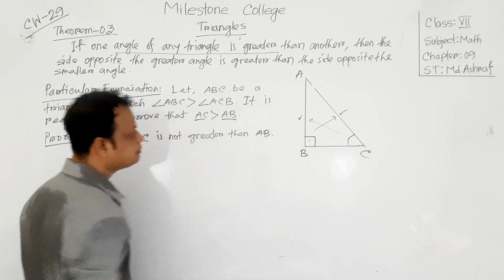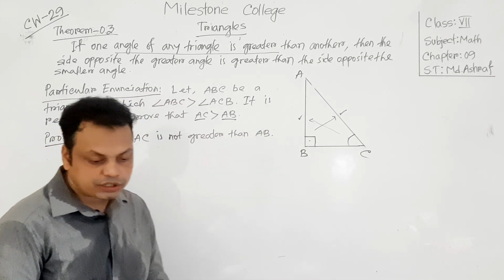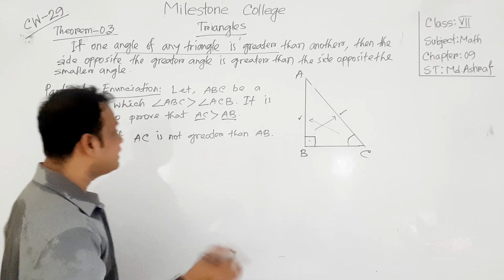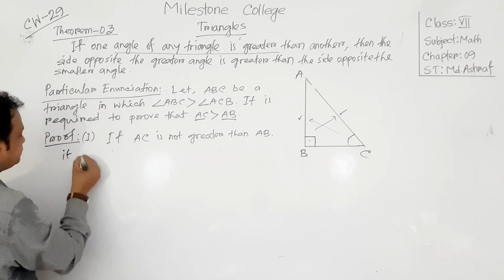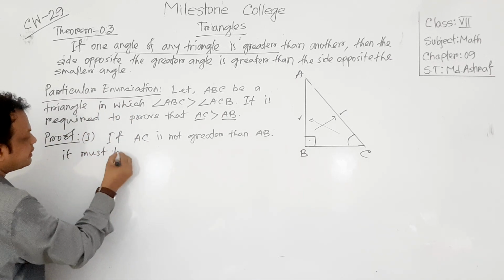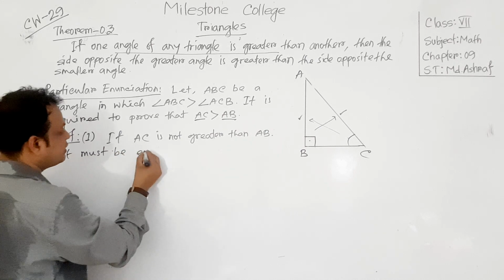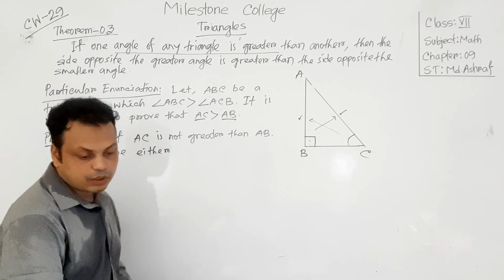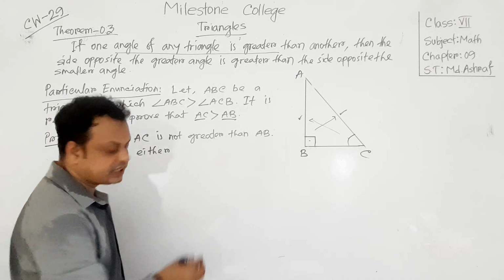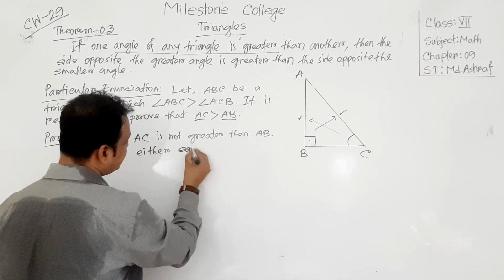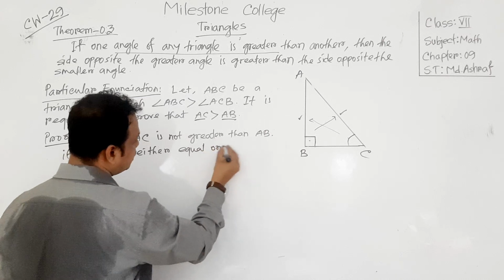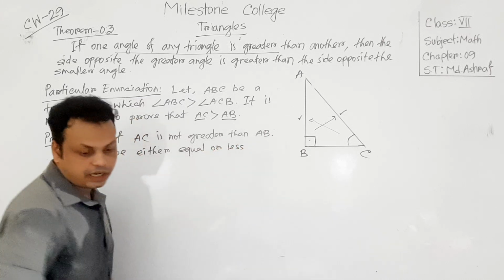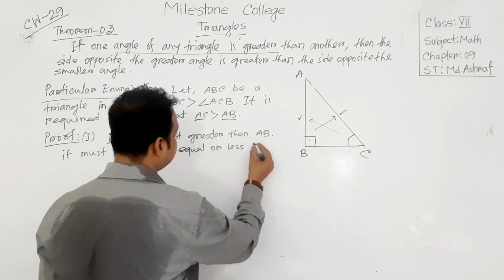Then what will be? AC is not greater than AB, then it must be either equal or less than AB.